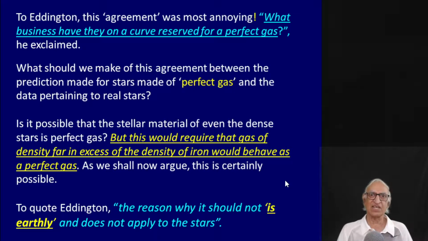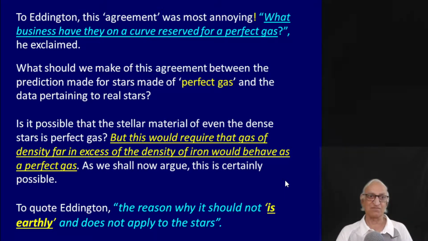So he says, in real stars, even though the central density may be well in excess of the density of iron, the gas obeys Boyle's law. And the reason why it doesn't on Earth is earthly, and earthly arguments do not apply to the star.